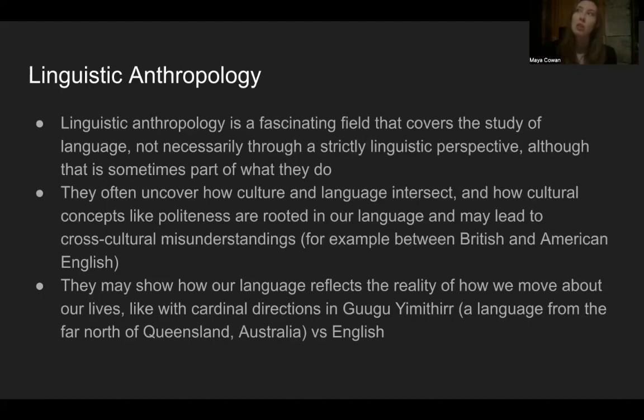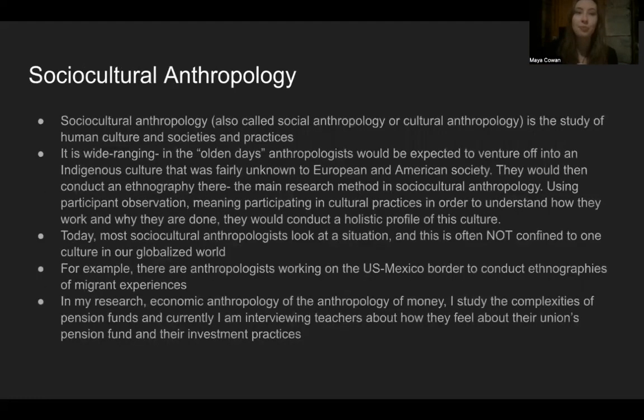And so the language actually has tools that go far beyond north, south, east, and west. They actually have specifiers in their language that can give you a much more detailed idea of where exactly it is that you're talking about when you're giving directions or explaining where something is. And so English versus Gugu Yimithir, very different worlds, right, of the people who speak these languages. And because of that, their language reflects these different worlds.